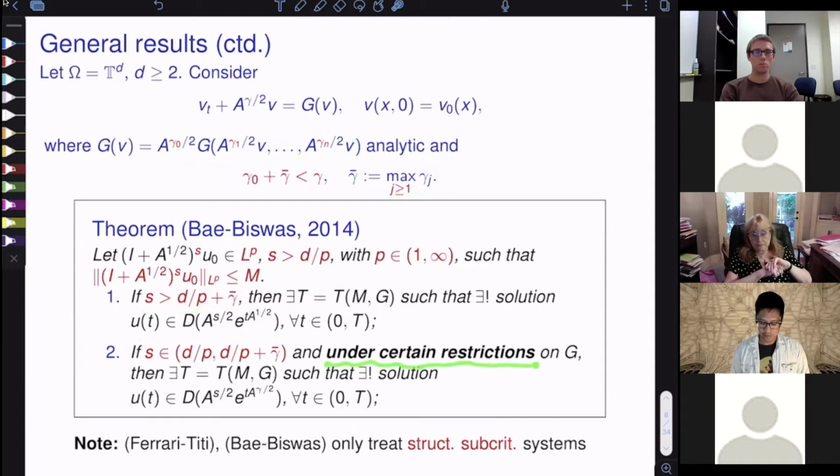And if you assume more about the structure of G, then you can reduce the regularity setting even more. Okay, but all of this is for structurally subcritical systems.